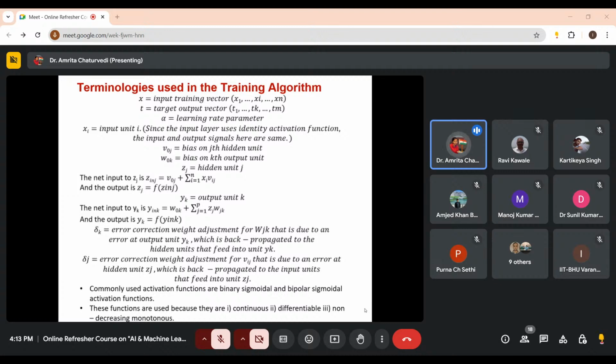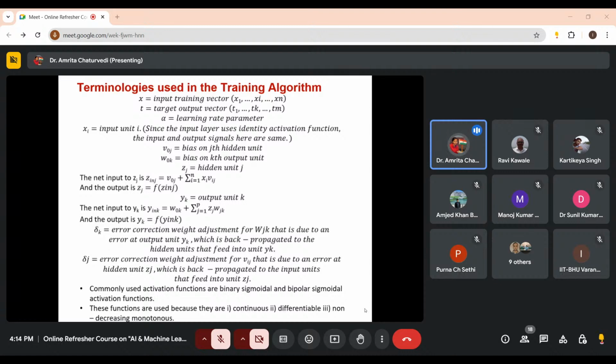Why n? Because we have n units at the input layer. This is a simple formula which we have done earlier, that is multiplication of the weight with the input vector. And to get the output Zj, we simply apply the activation function.